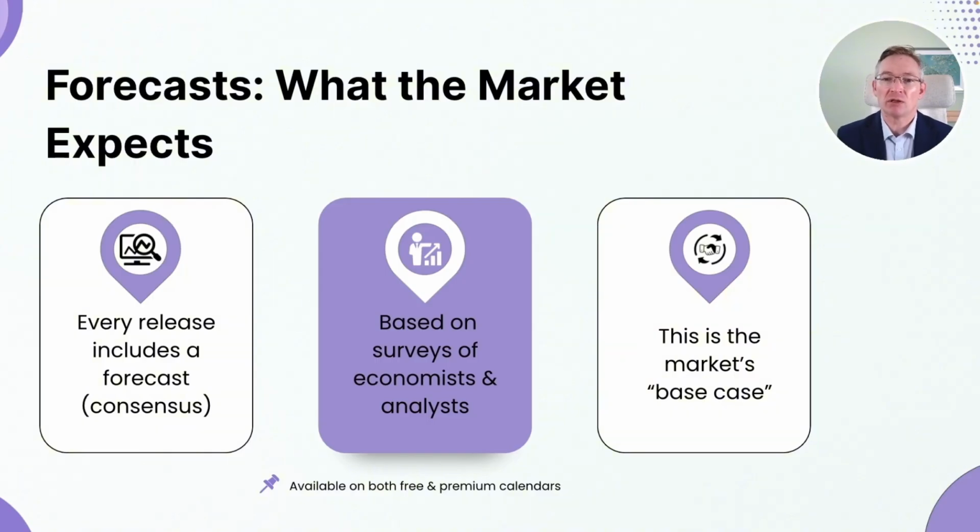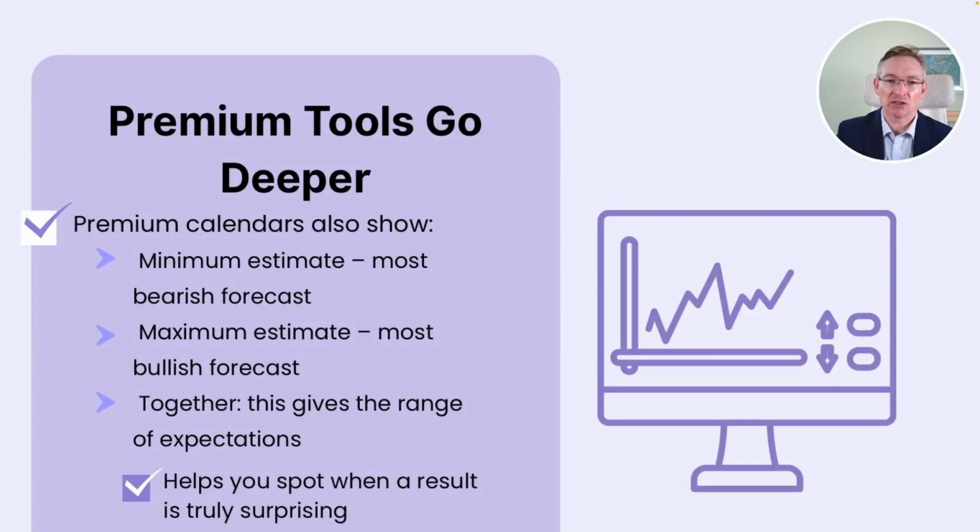It's also known as the market's base case. And you'll see that forecast number that's given in both free and premium calendars. So you will know what the expected release is.